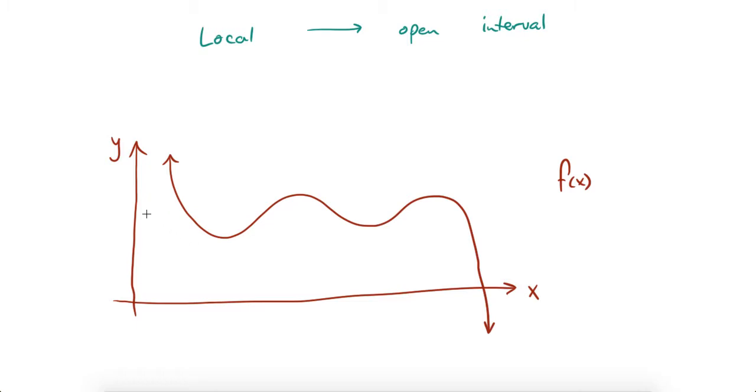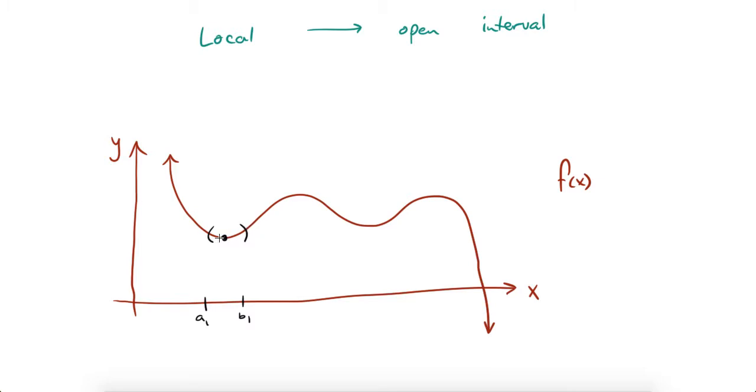So in particular, you can see this point. If I think about this y value, it's the lowest y value out of all the y values around it. So for example, maybe this a1, b1, that's my open interval.